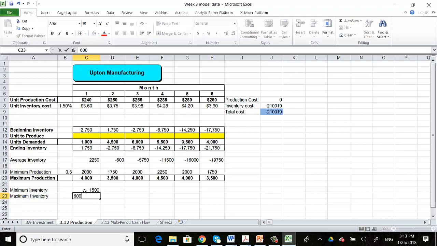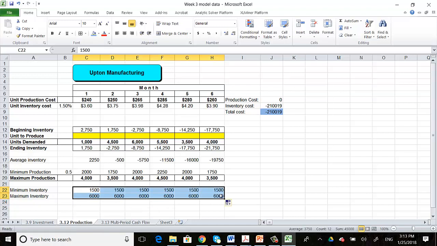The maximum is 6,000, given. And because I know later I want to do the beginning inventory, like this row less than or equal to 6,000, greater than or equal to 1,500, I'm going to just copy this. They are the same every month. Okay.